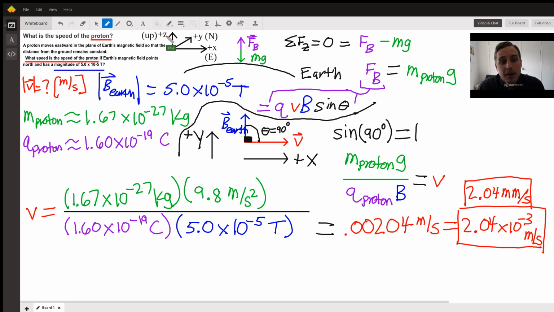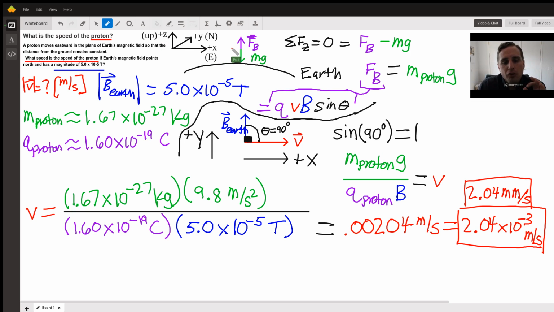So this is how we depict it three-dimensionally. East is the direction of the proton movement. North is the direction of the Earth's magnetic field. And then upward is the direction of maybe some forces. And that we'll call the positive z direction, because x pushed into y, by the right-hand rule, says that that's going to be the direction of the positive z-axis.